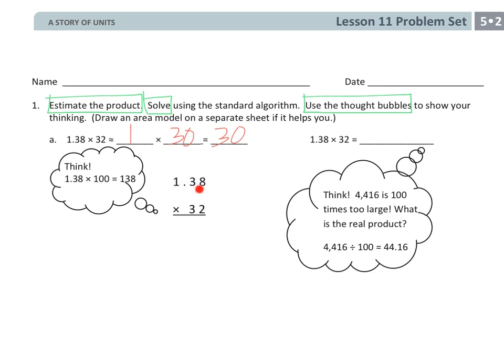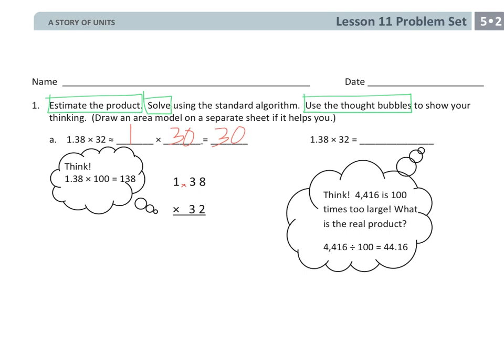We have 138, and I could write the word hundreds off to the side, but I multiplied that in my head by 100 to get rid of that decimal. Do me a favor really quick and just kind of do a short little X and cross off that decimal, because we multiplied 1 and 38/100ths times 100 to get 138. And then we're going to change it back into a decimal. I'm going to show you a little trick.